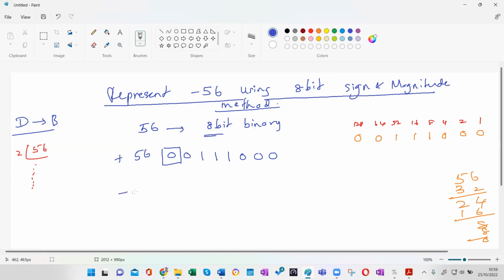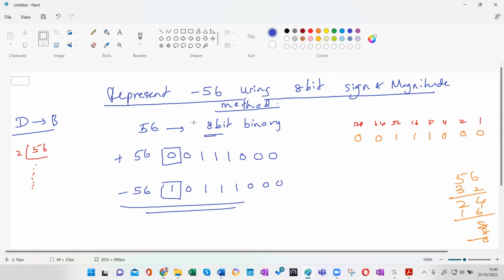If it is minus or negative 56, this bit will be turned to 1. It's so easy. The rest will be the same: 0, 1, 1, 1, 0, 0, 0. This is the answer. Easy, right? All of you got it? Yes, sir. Okay.